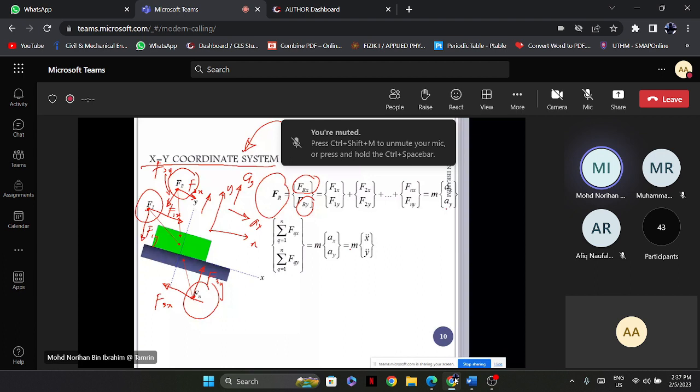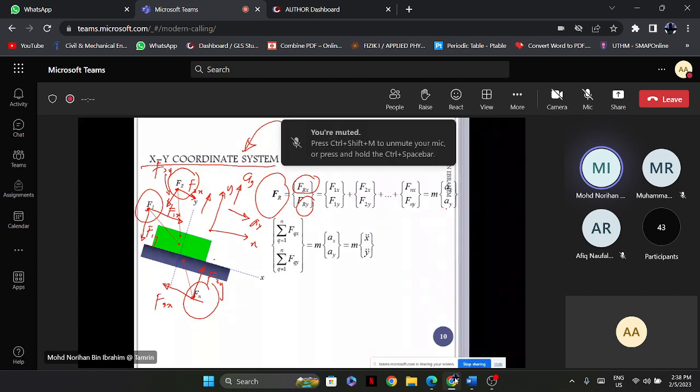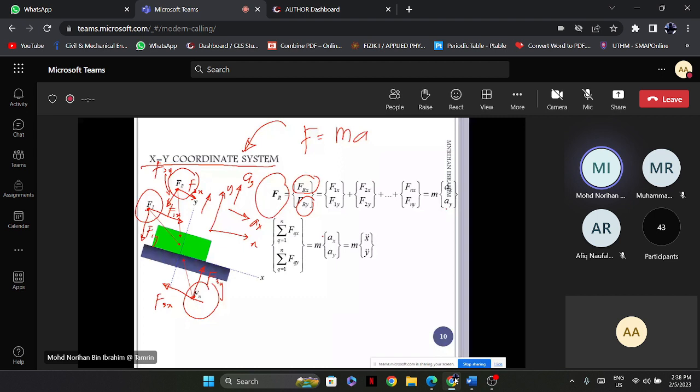If we look at this one, if it is concerned about a particle, or in this case a block which is located on a surface, on the ground, for example, then normally when we apply this kind of force, a_y is equal to 0. So the only thing that we need to consider is a_x on this one.